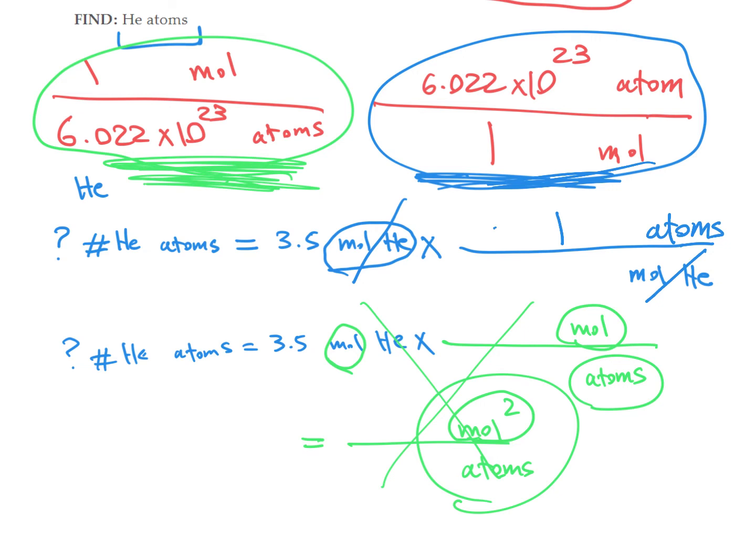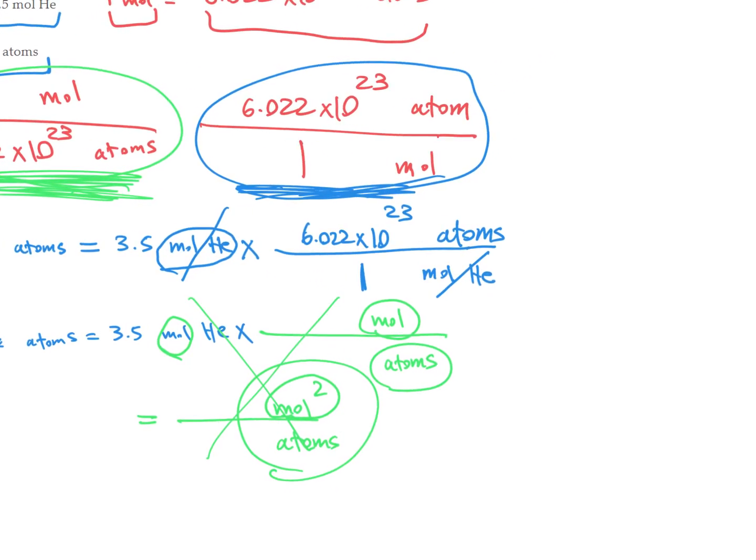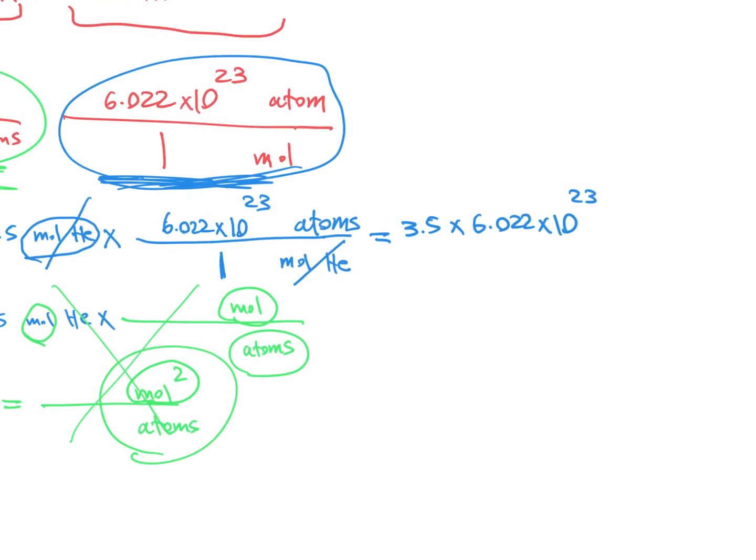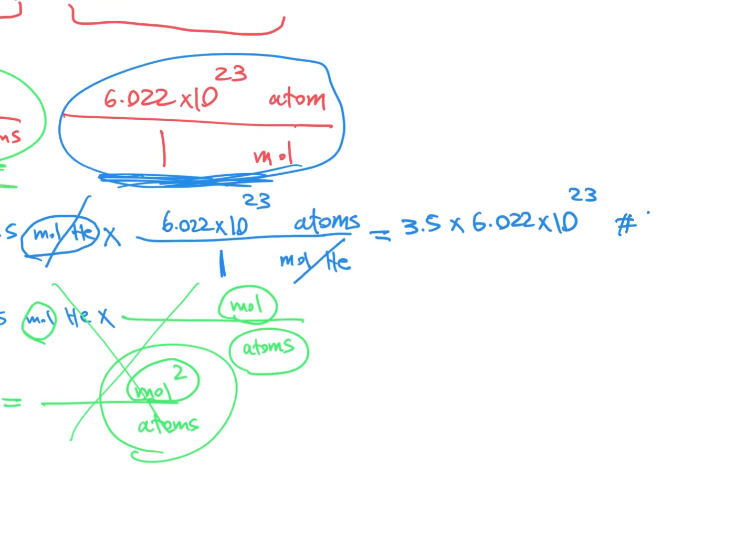Okay, exactly. So 1 mole of anything is 6.022 multiplied by 10 to the power of 23 of that thing. In this case, we have atoms, right? And when you do this mathematical operation, it would be 3.5 multiplied by 6.022 multiplied by 10 to the power of 23 helium atoms, okay?